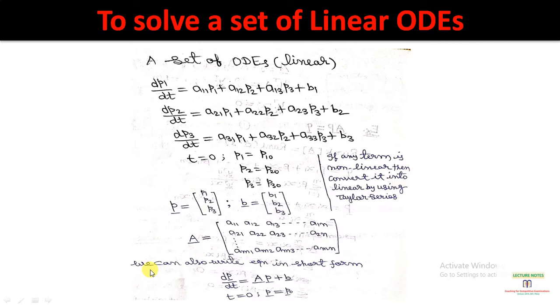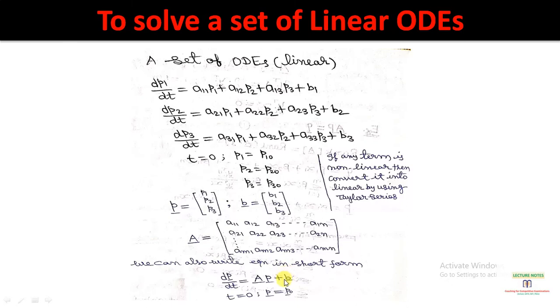We can also write the equations in a short, simple form: dp, column vector, divided by dt equals square matrix A times p column vector plus b column vector. With the condition that at t equals 0, the p column vector equals the initial value column vector. If we consider b equals 0, then these equations will be homogeneous.